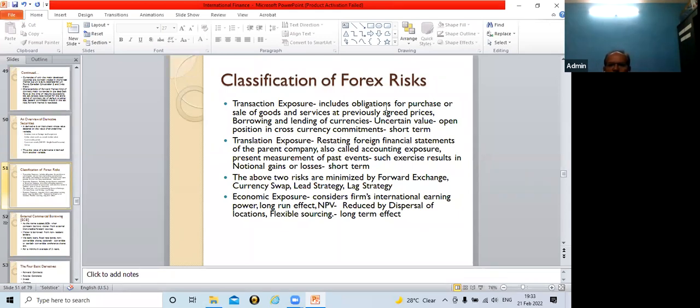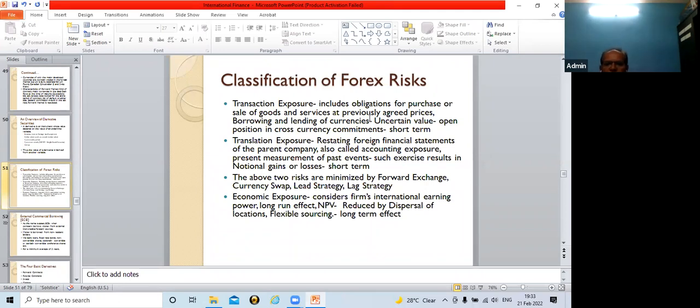It includes obligation for purchase or sale of goods and services at previously agreed prices, borrowing and lending of currencies, uncertain value, open position in cross currency commitment, short term. So in transaction exposure, it includes obligation for purchase or sale of goods or services at previously agreed price.